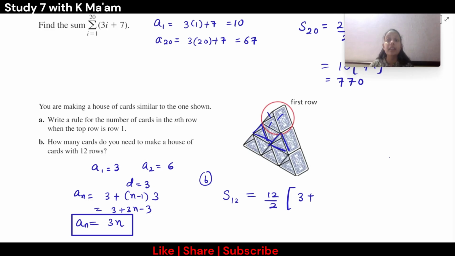What is the 12th term? I can directly substitute 12 here. 12 threes are 36. 36 and 3 make 39. 12 by 2 is 6. 39 into 6 is 234.